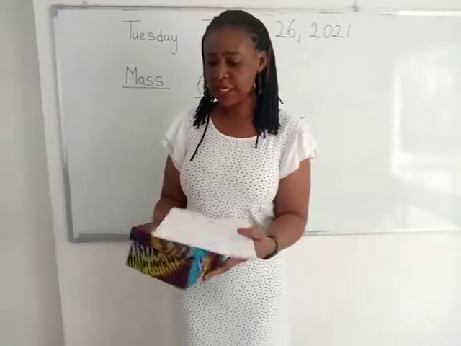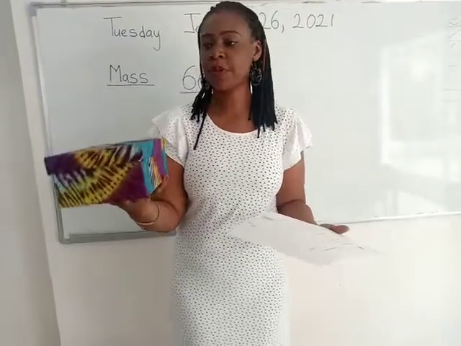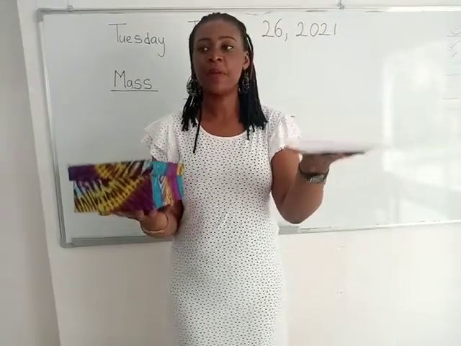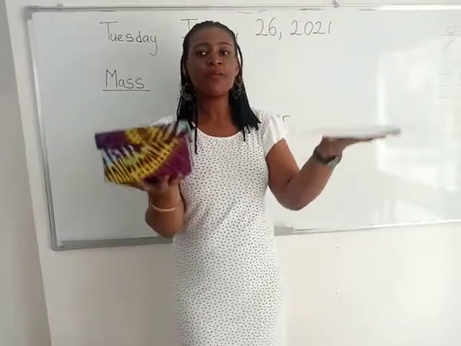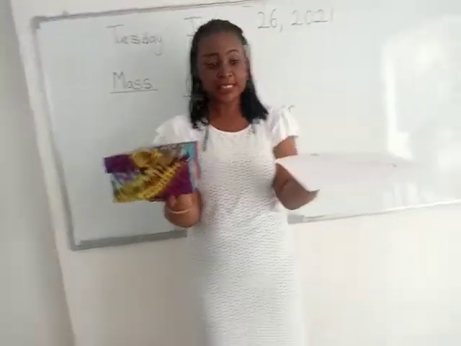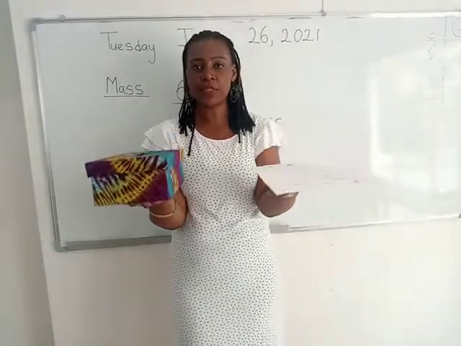Now, you can see in my hands, on my right hand here, I have a box of tissue papers. And on my left hand, I just have a piece of paper. If you have something like this at home, I would like you to place it on your palms and feel the weight of each object.